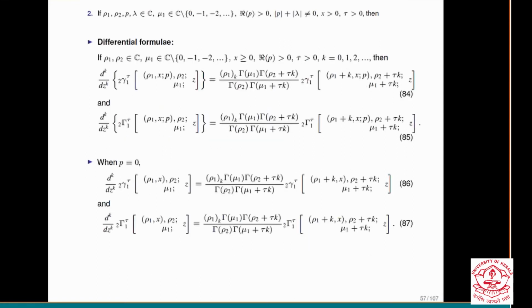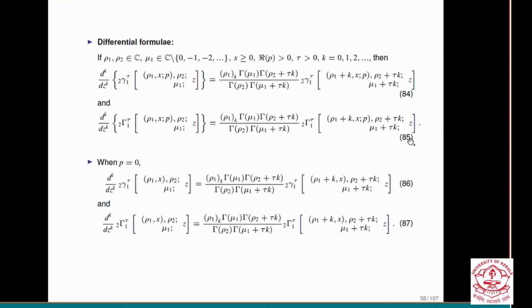Further, we will discuss the differential formulas. The differential formulas are in the form of 85. Here we take the k-th derivative of this function. Finally, after taking the k-th derivative, this can reduce to the form of 84. This is your 84, and if a k formula here, then again this is 85.